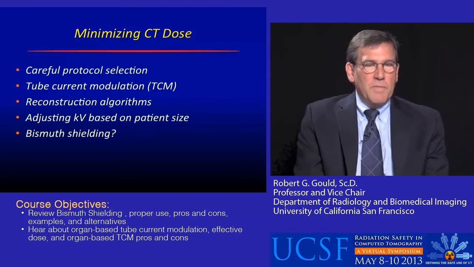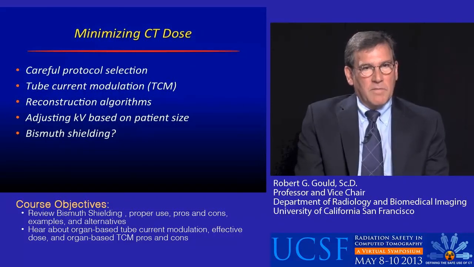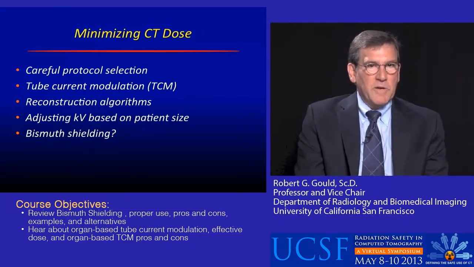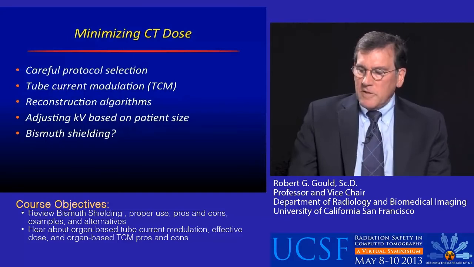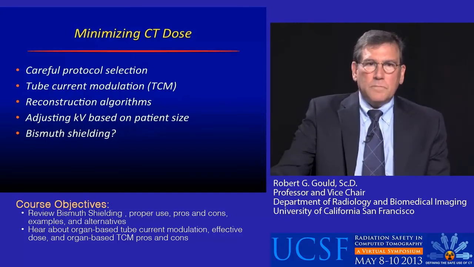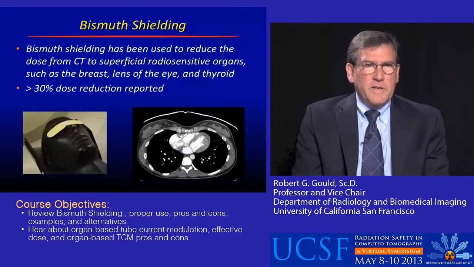And the last possibility, and this is not an exclusive list, there may be other ways of minimizing dose as well, is the use of bismuth shielding. So bismuth is a heavy metal.